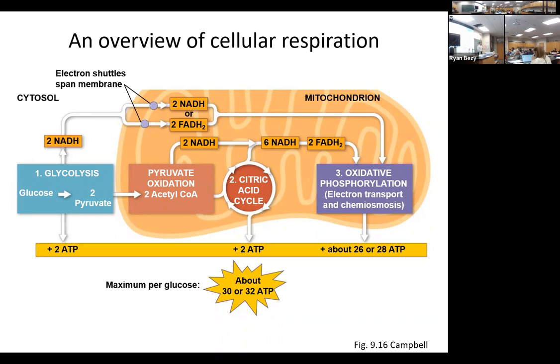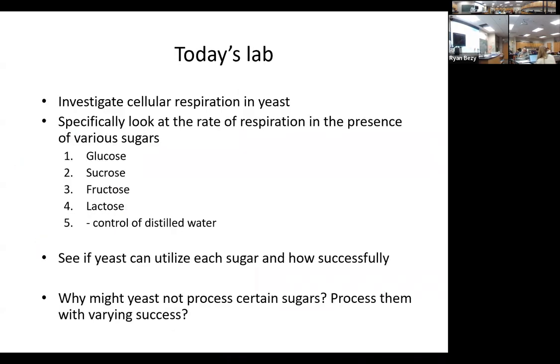Chemiosmosis is use of an enzyme called ATP synthetase or ATP synthase. ATP synthase will consume the proton gradients. The proton motive force is the energy source to make ATP. So this doesn't make ATP, it makes a proton gradient across the membrane. This consumes the proton gradient across the membrane to make ATP. So there's 2 different parts to oxidative phosphorylation. Questions about that?